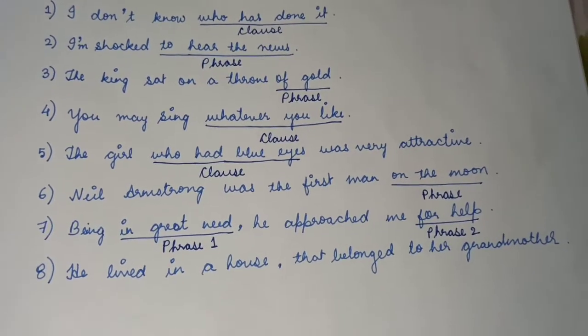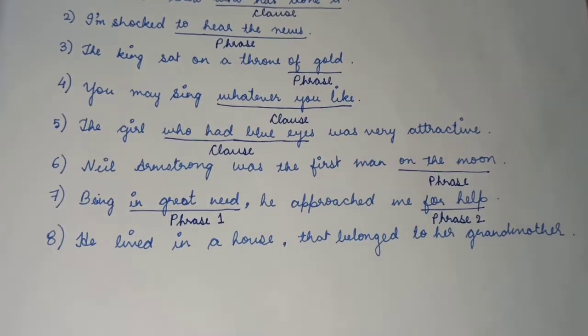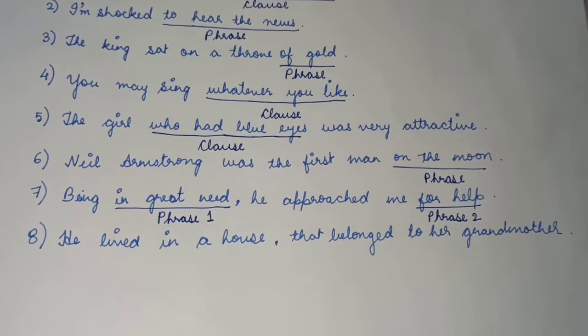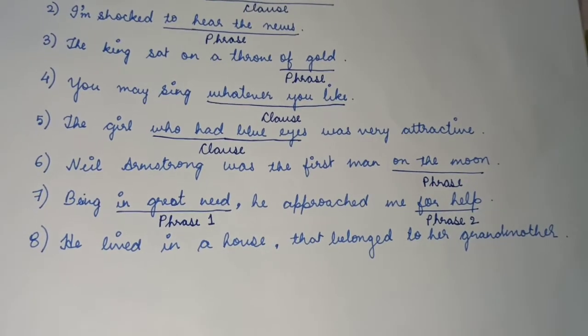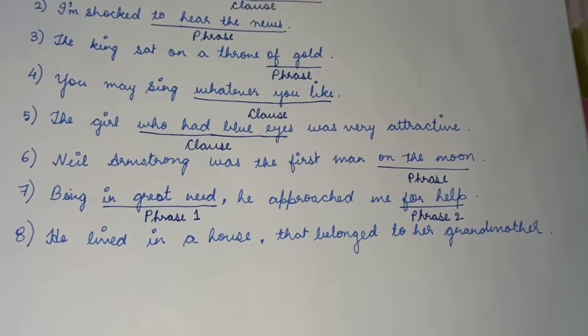The next one is, he lived in a house that belonged to her grandmother. In this sentence, we have a phrase and also a clause. The phrase here is in a house and the clause is that belonged to her grandmother.